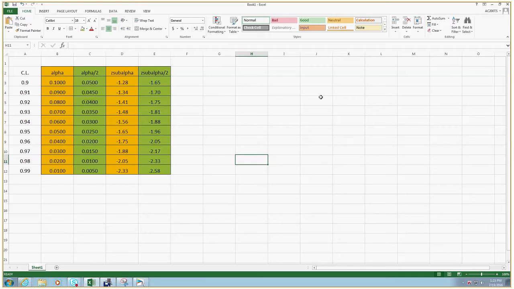It starts with 90%, goes up to 99%. Well, what is alpha? Alpha is the complement of 90%. So what would be the complement of 90%? 10. What would be the complement of 91%? 9, and so on. So copy that down.